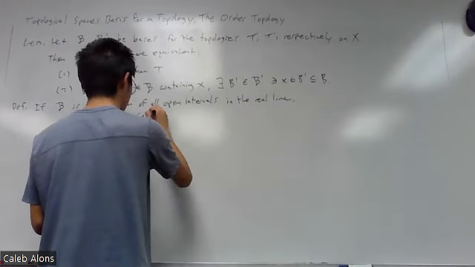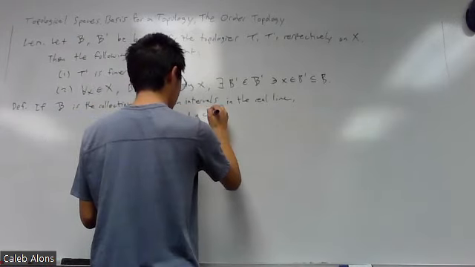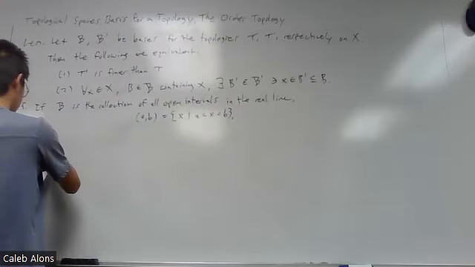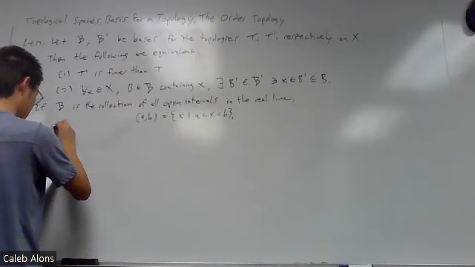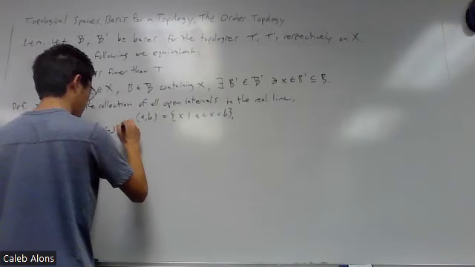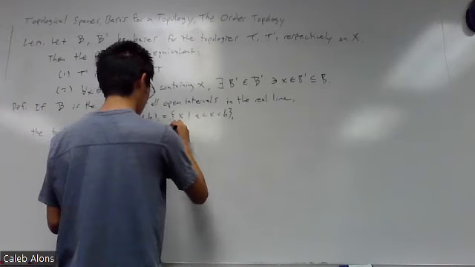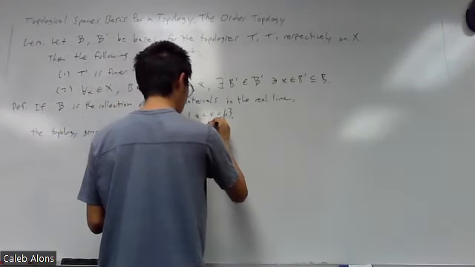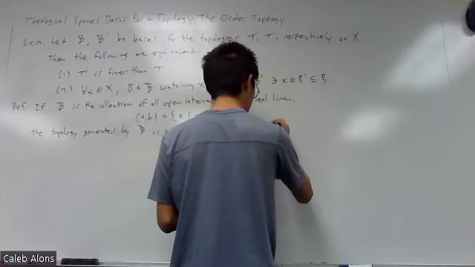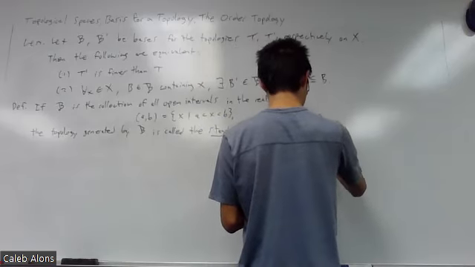So if I take this interval (a,b), which is over an ordered set, then the topology generated by B is called the standard topology on the real line.